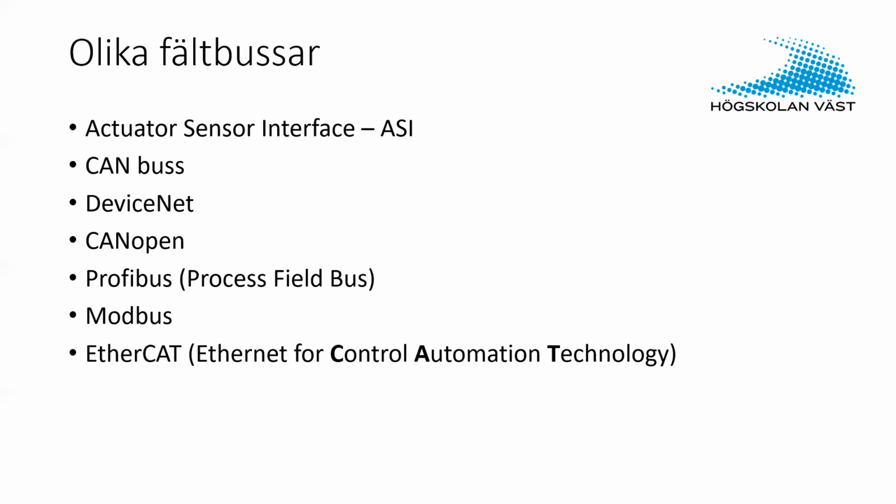It will be more about Profibus and also a little bit about EtherCAT, and then you will look at the CAN bus in 2 weeks as well. So you will get some examples of field buses here.